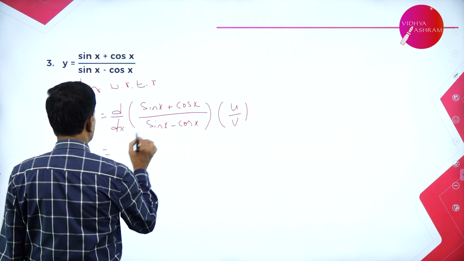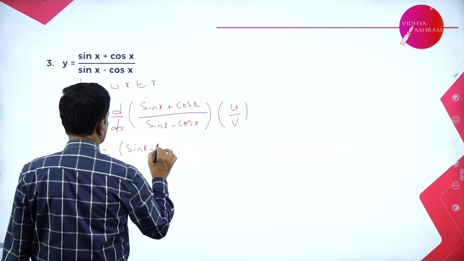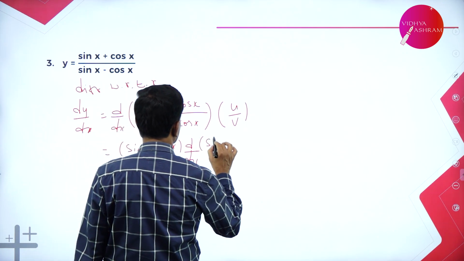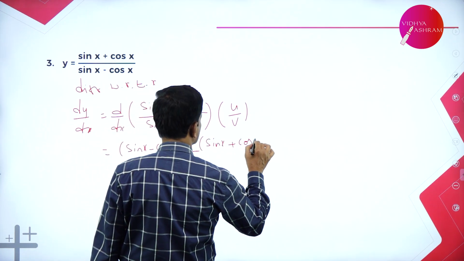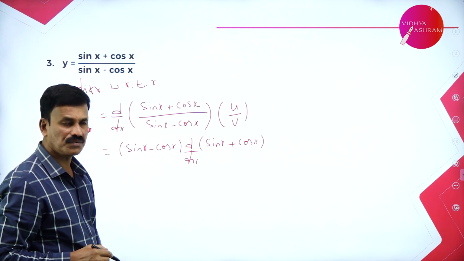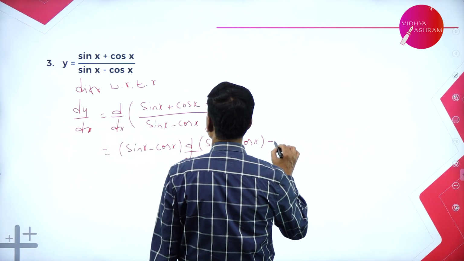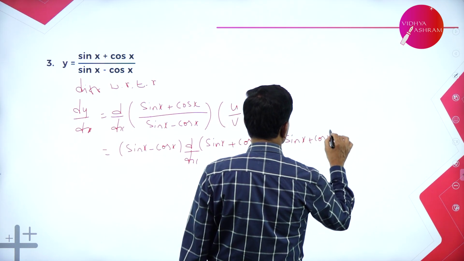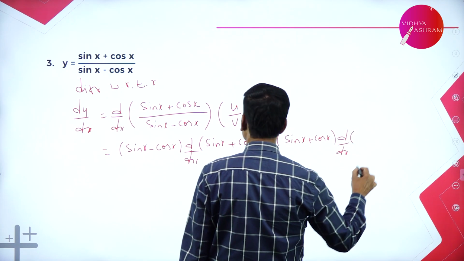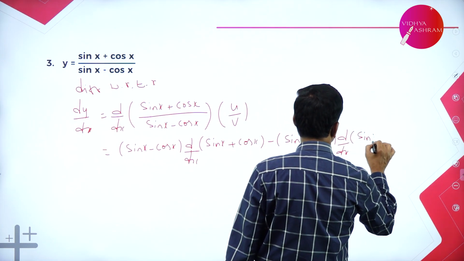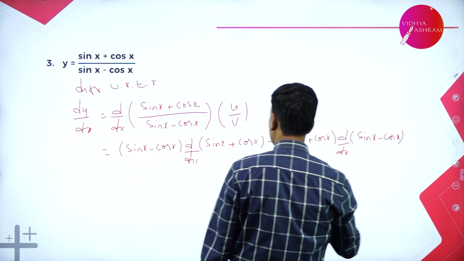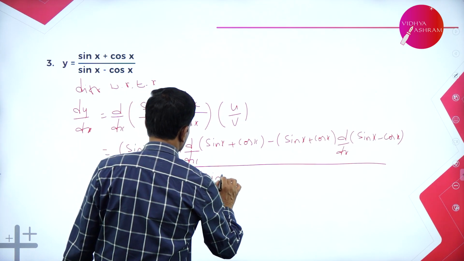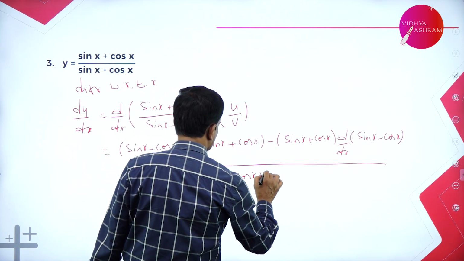First keep the denominator constant: sin x minus cos x into d by dx of the numerator, minus numerator into differentiation of the denominator, divided by denominator square. What is the denominator? We have (sin x minus cos x) whole square.